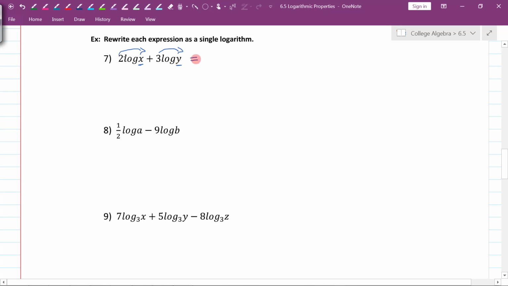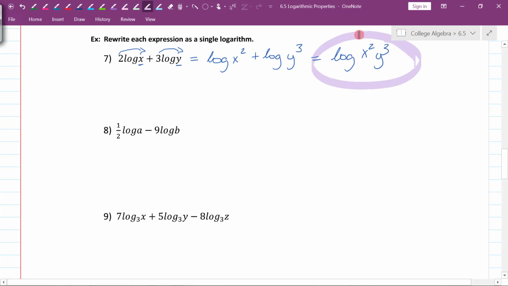The 2 is going to come back up, so it's going to become log of x squared plus log of y cubed. Now we have two factors, and we can put them together through multiplication. So it's log x squared y cubed, and we're done. This right here is the answer.